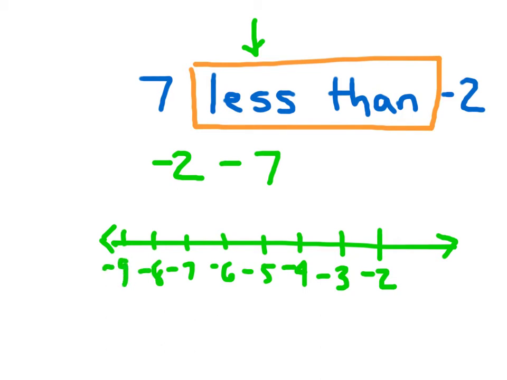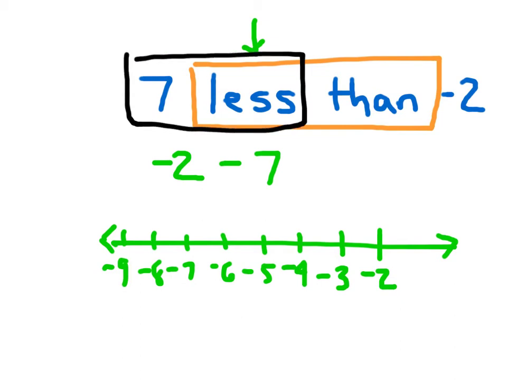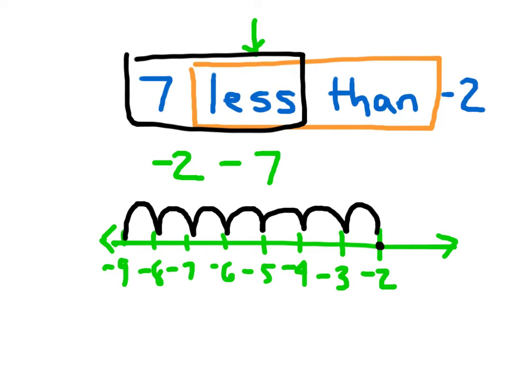I needed to label that many of them because it says 7 less than -2. So I started here. It goes 1, 2, 3, 4, 5, 6, and 7. -2 minus 7 is -9.